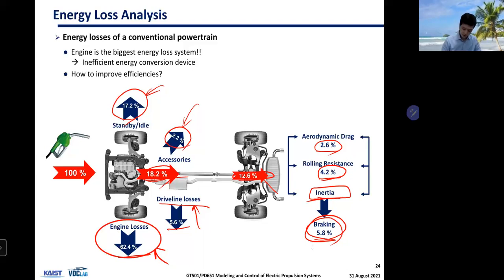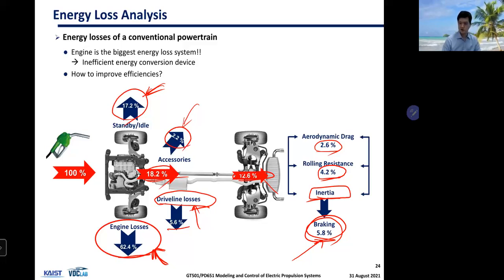And then there is one more thing. With electrification, we can recuperate this braking energy and then use it later. And people have been also trying to improve driveline losses using more efficient transmission, more efficient torque converter, and so forth. And then better engines to reduce engine losses, trying to remove standby idle condition, because at that time the engine is running, but you're not going anywhere.